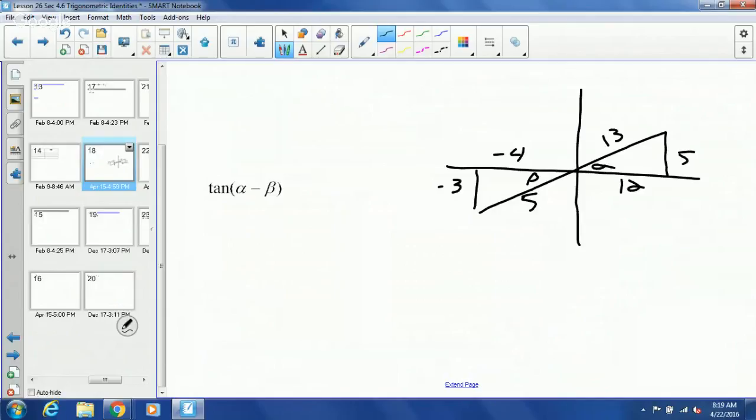So we knew that sine of alpha was 5/13. And we knew that tangent of beta was 3/4. Okay. And we can now come back and do cosine of alpha. Did we write that down somewhere? Yeah, we did.